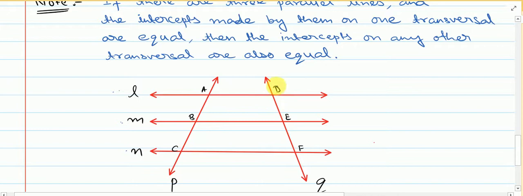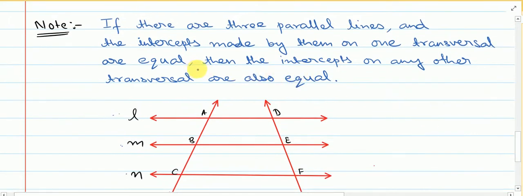So in that case if you draw another transversal, you will observe that the intercepts made on that transversal will also be equal to each other. That means DE will be equal to EF. Clear? So the intercepts on any other transversal are also equal.